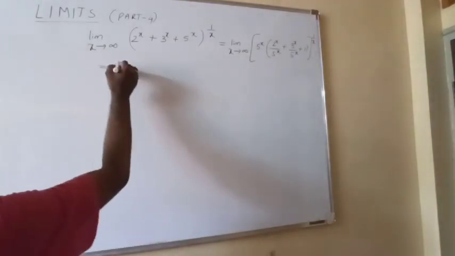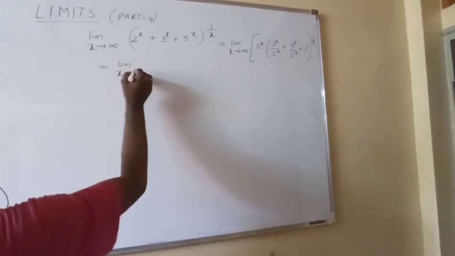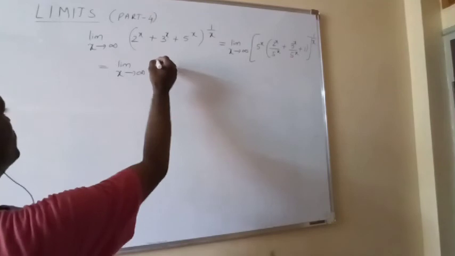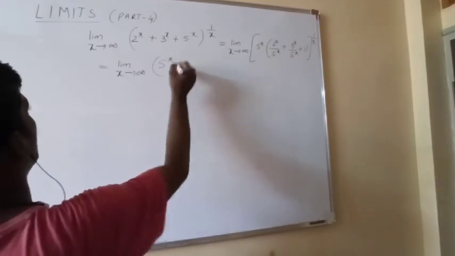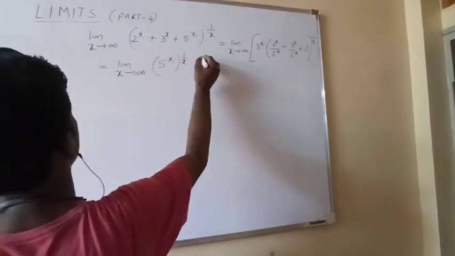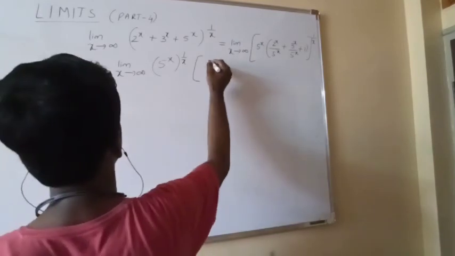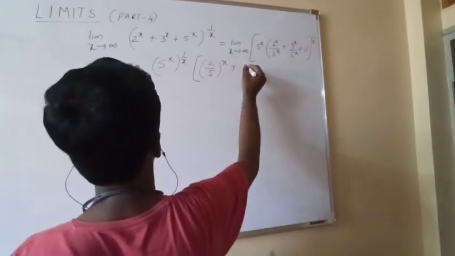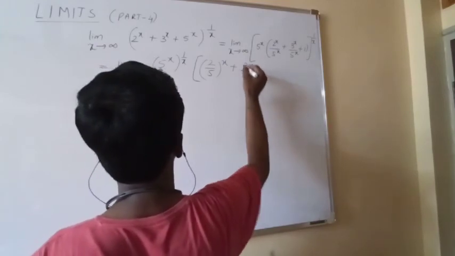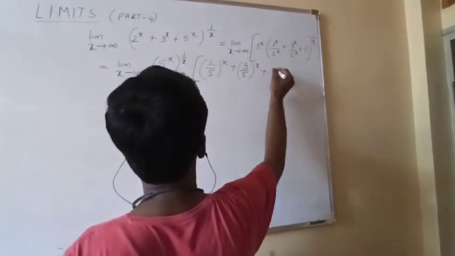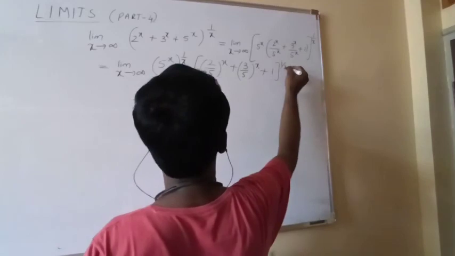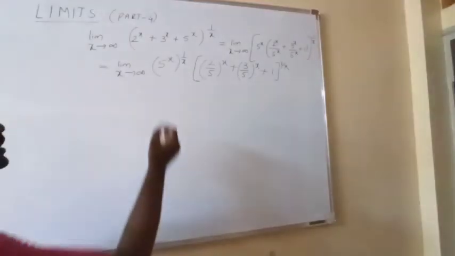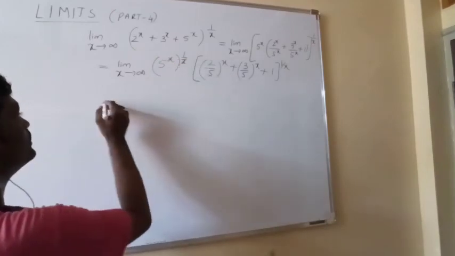So that is equal to limit x tends to infinity, using a into b whole power m equals a power m into b power m, that is 5 power x whole power 1 by x into 2 by 5 whole power x plus 3 by 5 whole power x plus 1, whole power 1 by x. Now here x and x get cancelled.